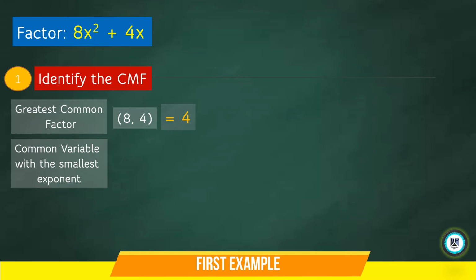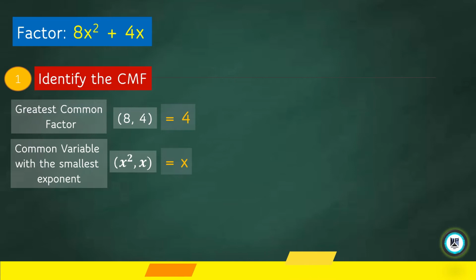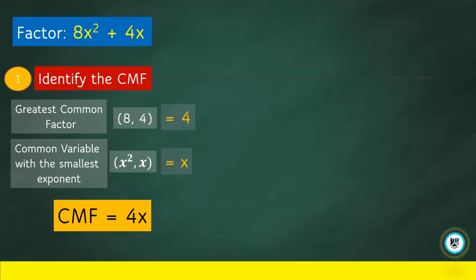For the common variable, we check what is present on all terms, and that is variable x. Checking on it, the smallest variable is x itself. We combine the answers, and our common monomial factor is equal to 4x.